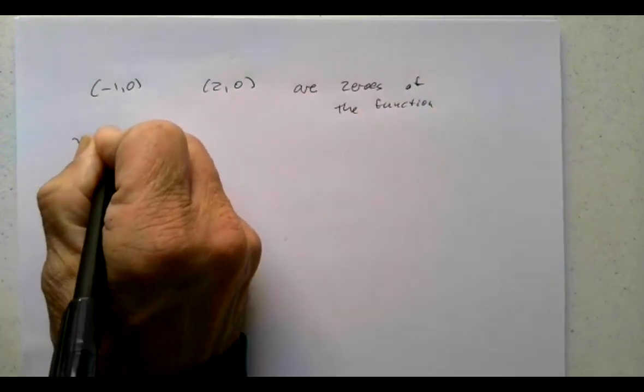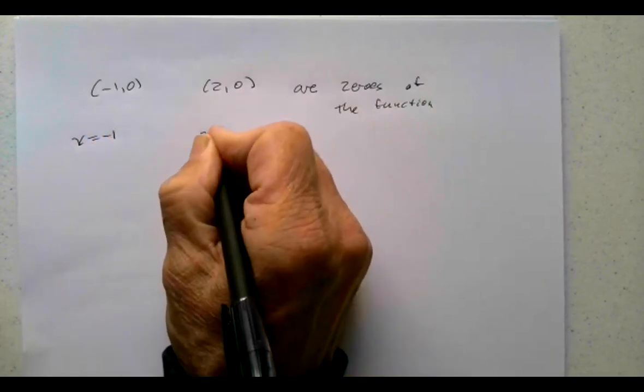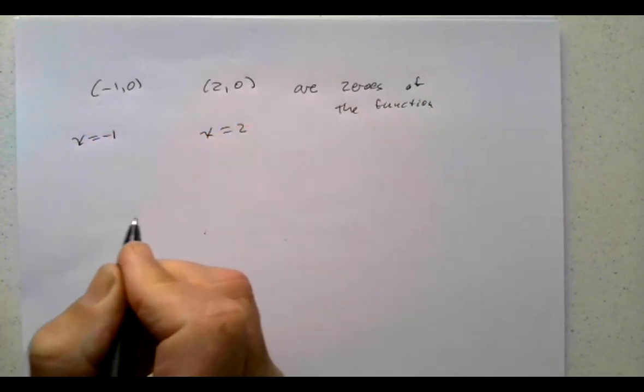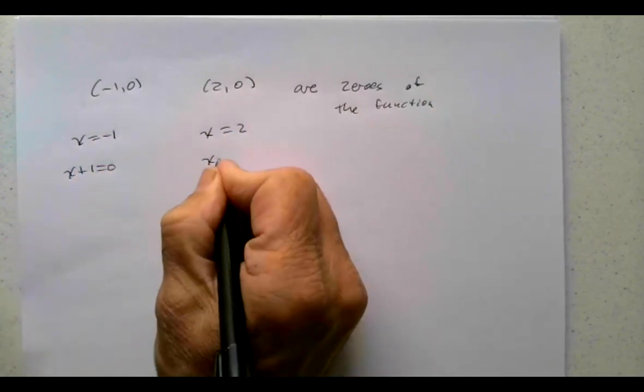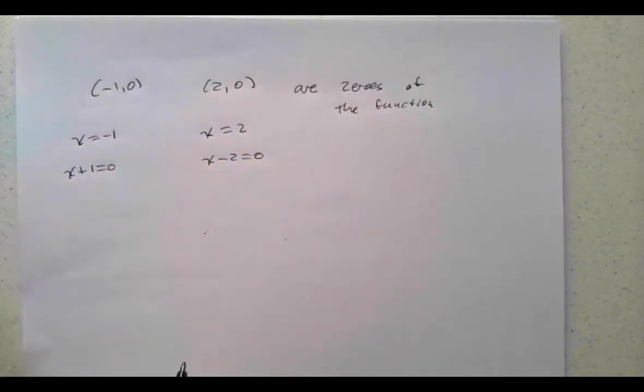So x equals -1 is a 0. x equals 2 is a 0. So x plus 1 is 0. x minus 2 is 0. Those are going to be on the top of this thing.